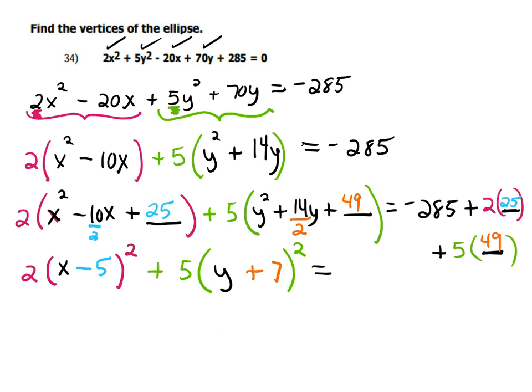And then that's going to equal, I'm just going to do all that in my calculator, negative 285 plus a 2 times a 25 plus a 5 times a 49. And that works out to be a 10.